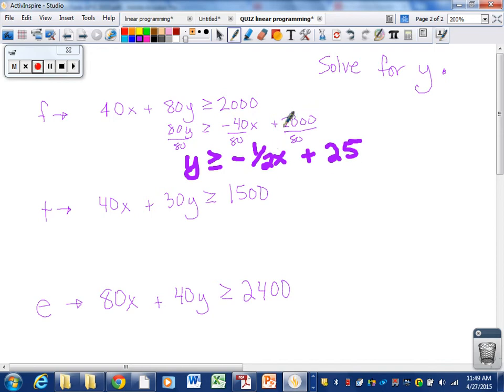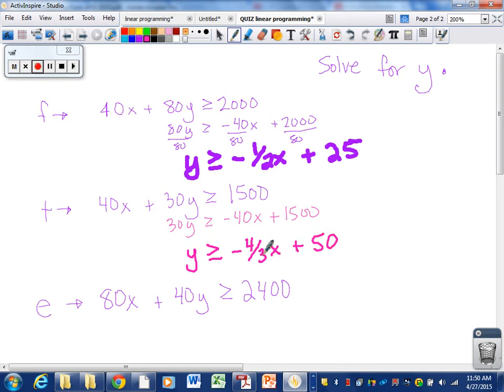Okay, that's one linear inequality. Y is larger than this. Okay, we do the similar thing for these other two. You minus your 40x from both sides, plus 1500. Solving this one for y, y is bigger than or equal to negative 4/3 x plus 50.